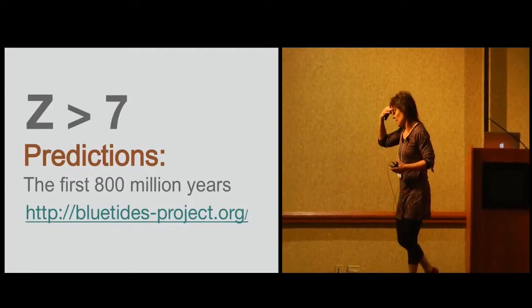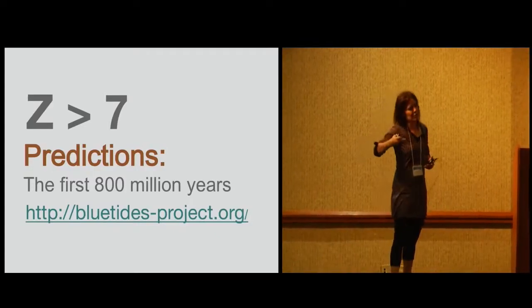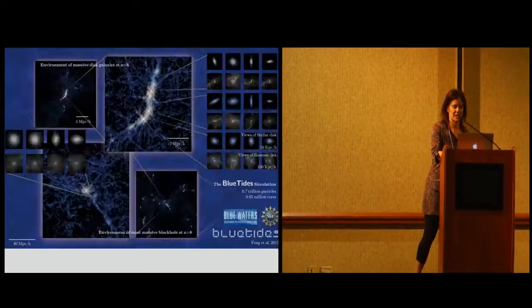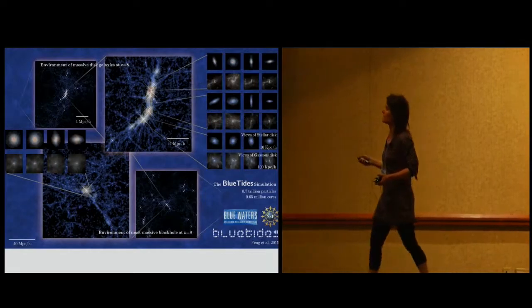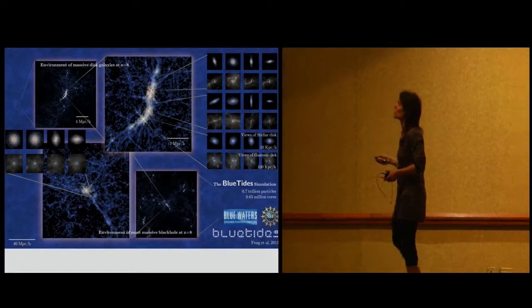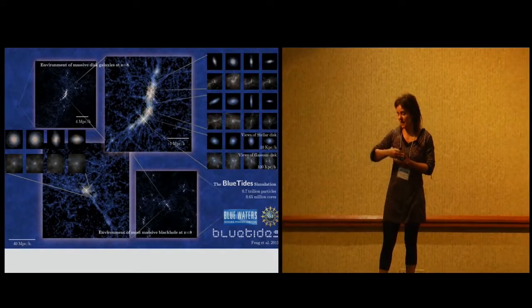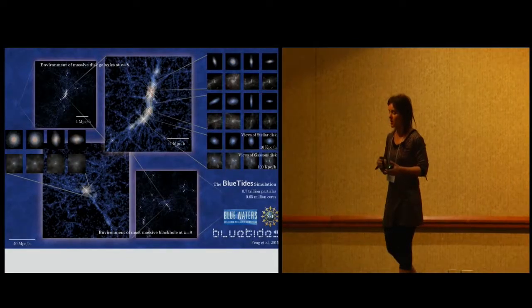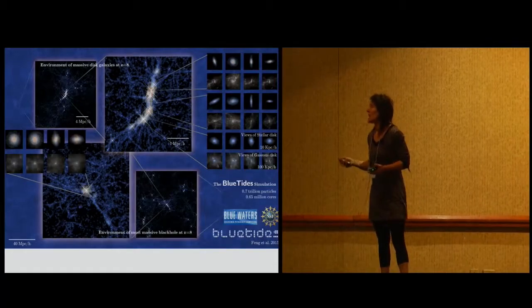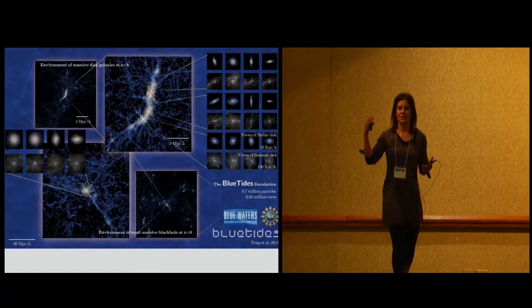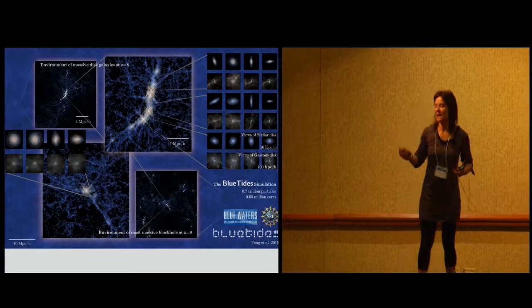We are now into a renewal of the initial run into our first year. This is what we did in our first allocation, in our first project. We evolved the universe on a very, very large volume, bigger than anything that had been done before. And that was necessary to catch this anomalous object, the first very massive object.